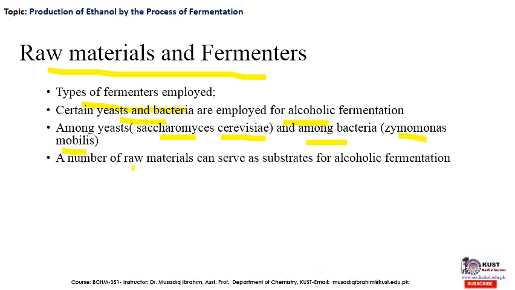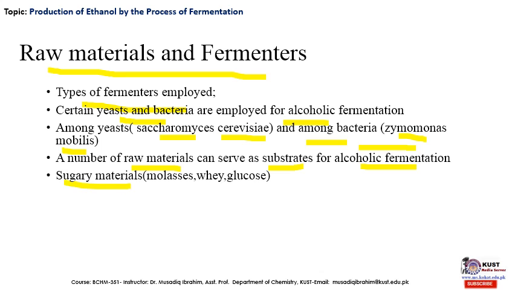Now the raw materials generally serve as a substrate for the alcoholic fermentation. So the production of alcohol or ethanol by the process of fermentation is also referred to as alcoholic fermentation, which also means the production of alcohol by the process of fermentation.